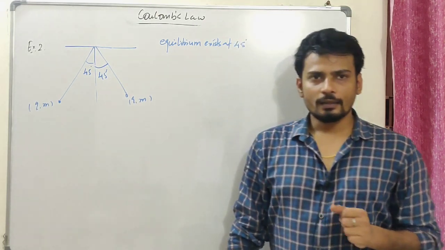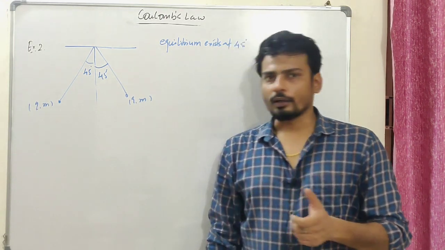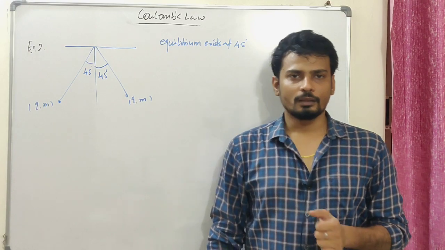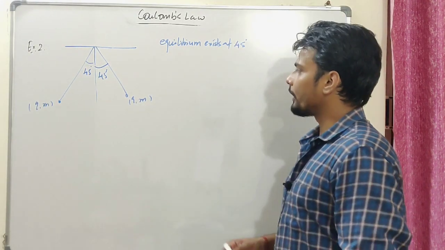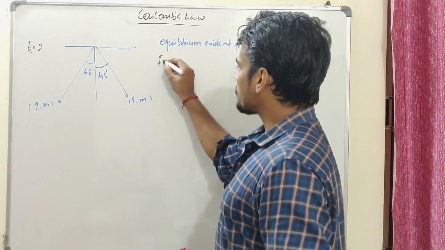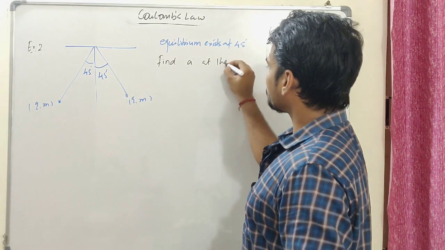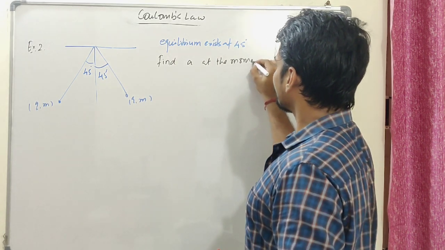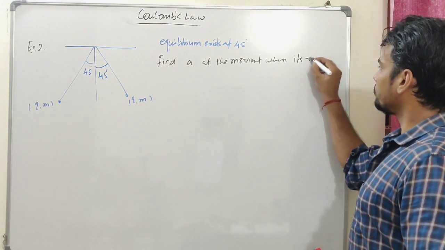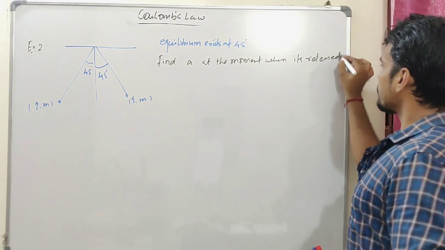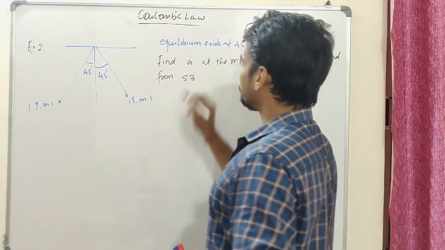Now my question is, find the acceleration at the point when the bodies are released from 53 degrees in terms of g and all. So the question is, find acceleration at the moment when it's released from, let's say, 53 degree.